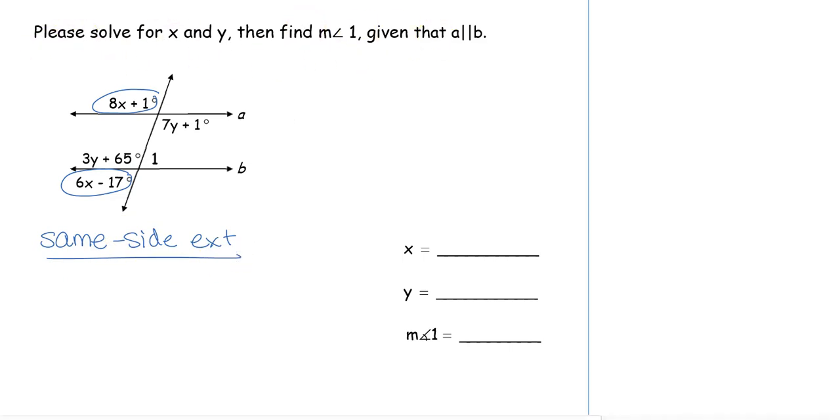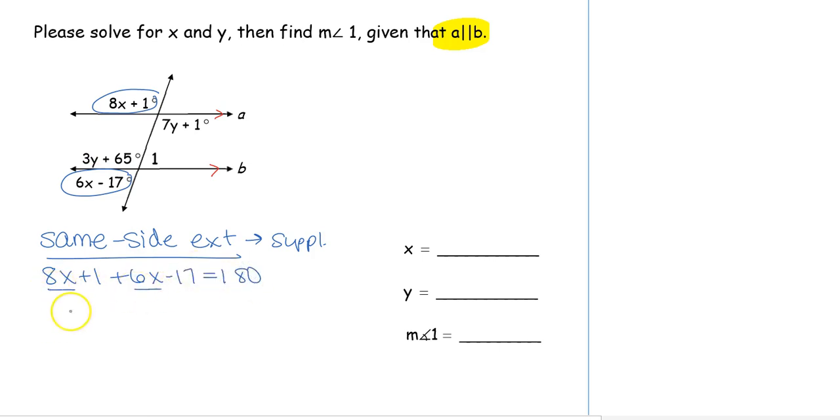Now we're told in the directions that line A and B are parallel to each other. So because line A is parallel to line B, this new special relationship that we talked about just now is going to exist. And that special relationship is the fact that same side exterior angles are supplementary. So I can take these two angles, 8x plus 1 plus 6x minus 17, and set it equal to 180.